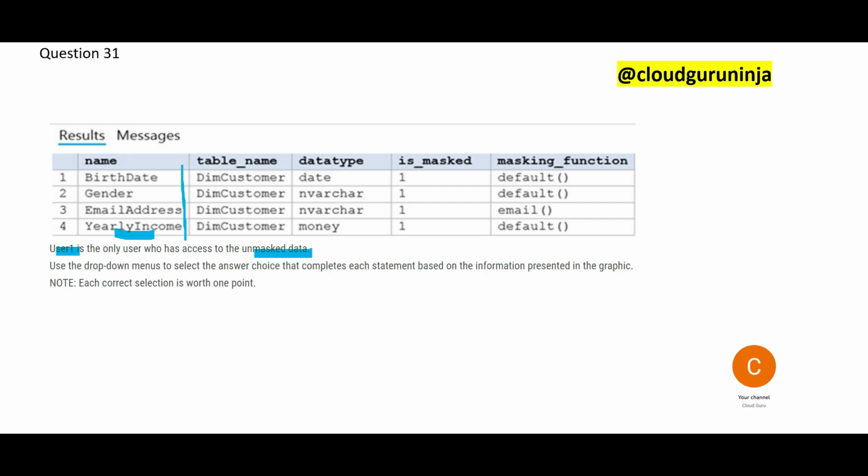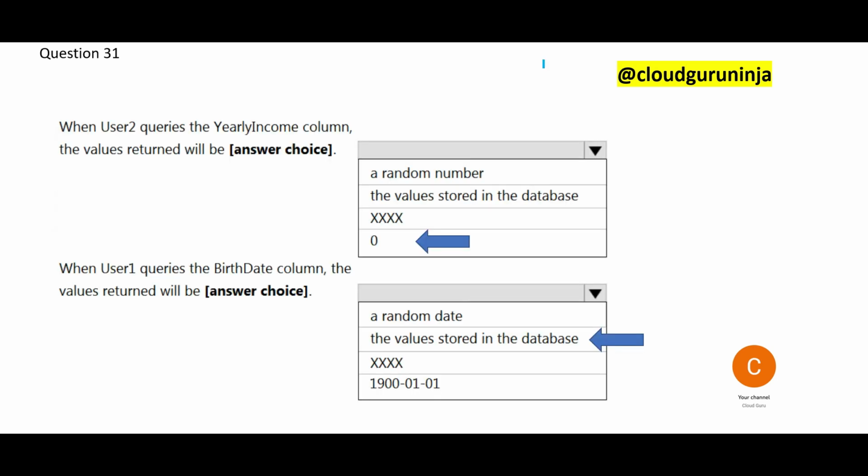It will not be XXXX, 0 or anything. That is why this would be the right answer, because they can see it, meaning the value stored in the database will be retrieved. Simple.